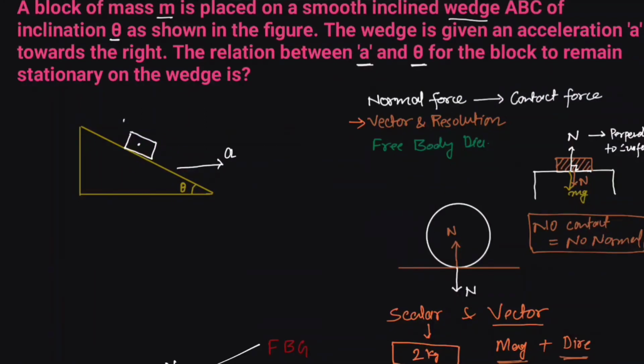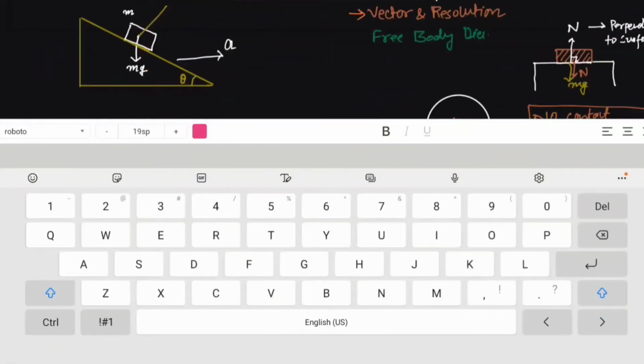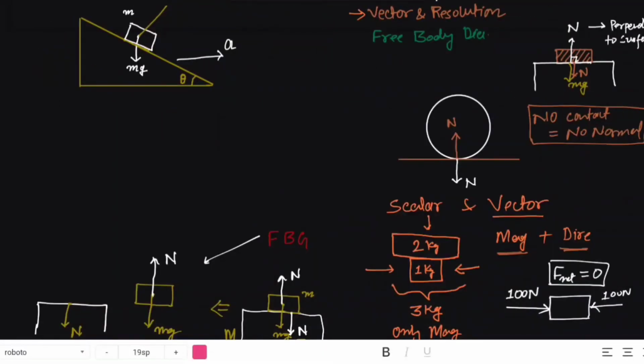On this block, it is very obvious that weight or force due to gravity always acts, which would be the mass of the block times acceleration due to gravity, acting downwards. Now there is a contact between the wedge and the block. Because of this contact, a normal reaction N perpendicular to the surface of contact would be applied by the wedge on the block. So this would be another force.